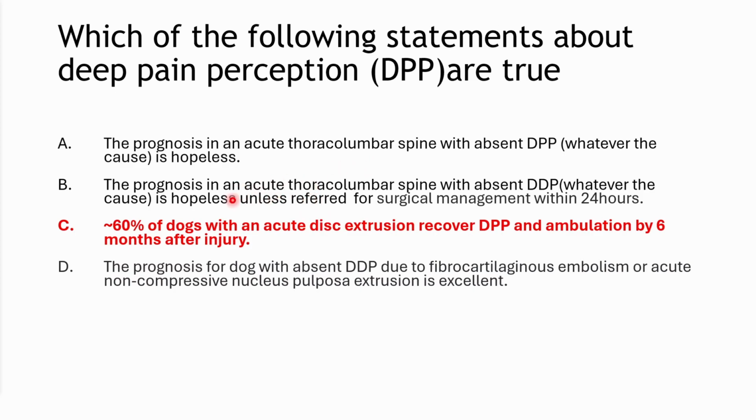So that means that when we do all of these, do animals have to be referred for surgical management? Well, ideally, yes, but in this economic crisis, that's not always going to be possible. So it may be worth managing conservatively and seeing what happens if the animal is able to support that. However, if they have a fibrocartilaginous embolism or acute compressive nucleus pulposus extrusion, then the prognosis is not so good.